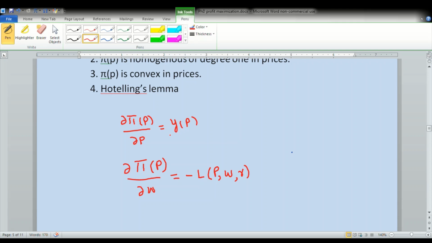I have told you already that if there is more than one output, then I will be putting the i subscript to indicate which output price is changing, and I will be getting the ith output supply function. Remember that this output supply function gives the profit maximizing output at any given price vector, where the price vector includes both input and output prices. So this is the Hotelling lemma.